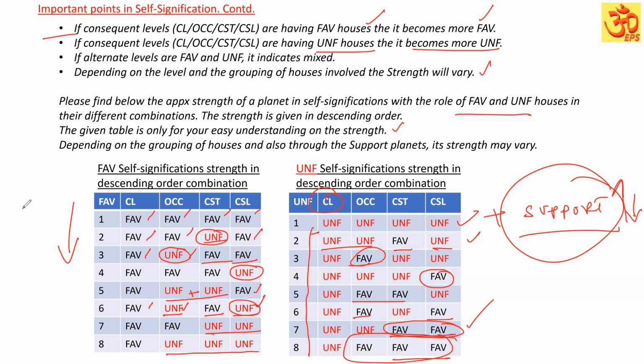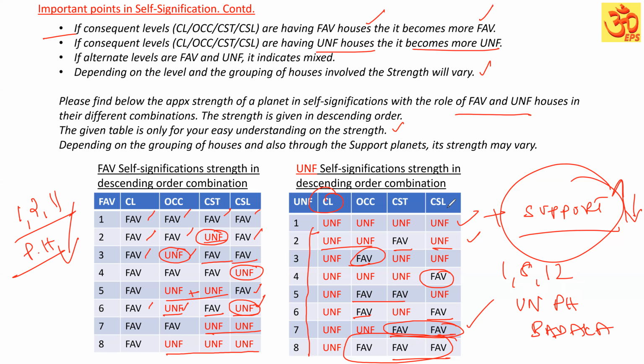favorable, along with that, if it is Lagna or 2 or 11, and of course the primary house for the event it is playing, that impact is going to be different. It is going to be more. Similarly, on the unfavorable side, 1 and 8 and 12 and unfavorable primary house and Badhaga Lord, if they are the CL planet, of course for the CSL also, we can consider they are going to play a major role.